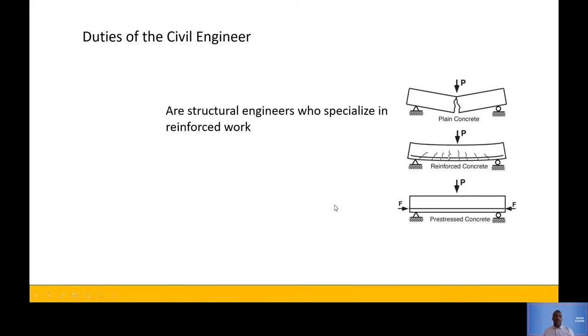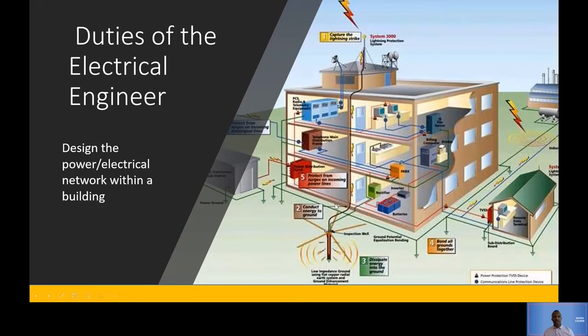And then we have electrical engineers. Now they design the electrical network in the building, where the electricity wires will go, the escalators, the lifts. The electrical engineers design all these things.